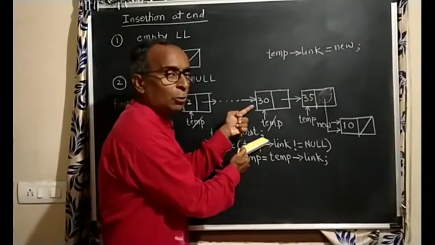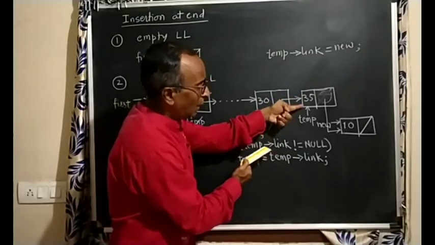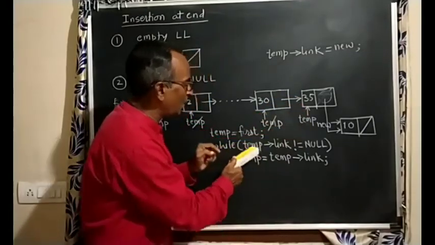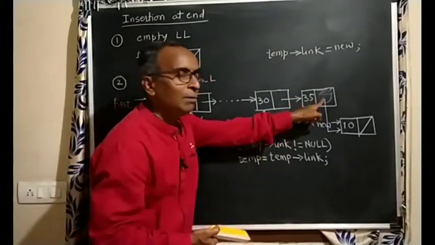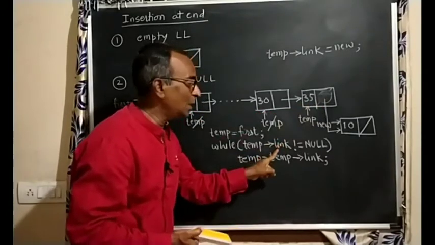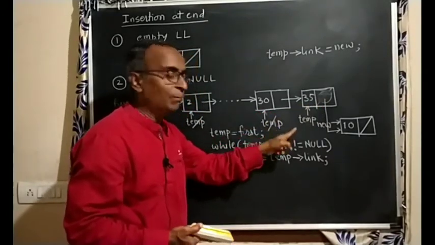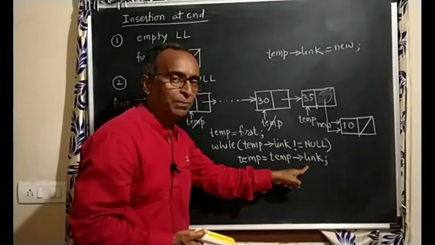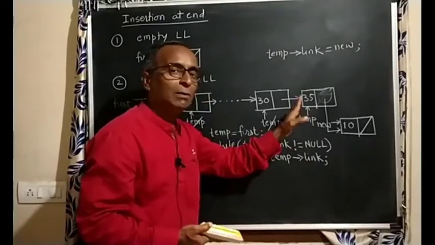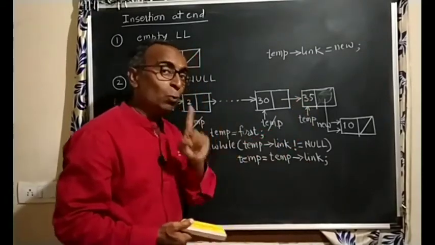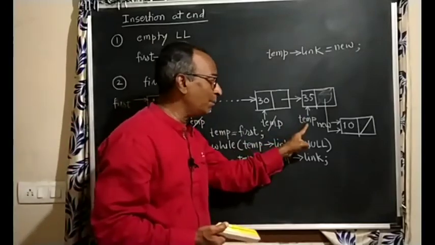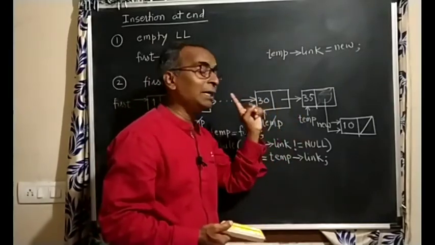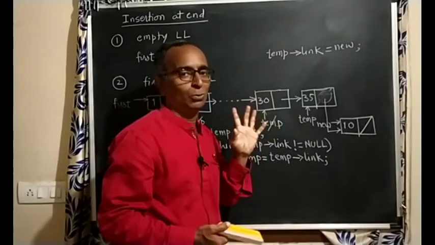Temp's link null? No. Move. Now when temp comes here, we check temp's link null. Now this condition is false, it is null. When not null, we are moving. When it is equal to null, we stop there. It means temp will get the address of the last node.